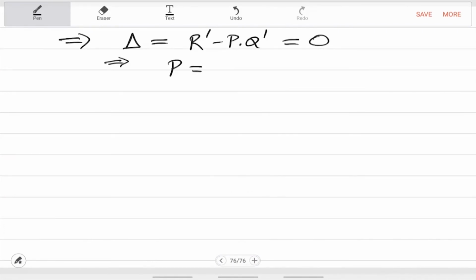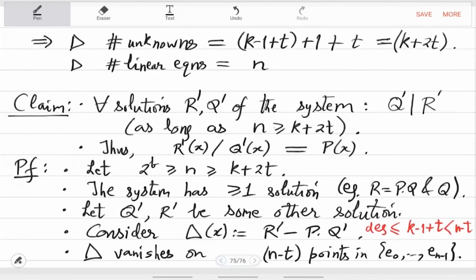So you get that P is equal to R prime(x) divided by Q prime(x). Okay, so Q prime divides R prime, for arbitrary solutions of the system. Moreover, the quotient is P. That's the message. So this is what Bob will do. Any questions? How much of t can be tolerated? So t has to be less than or equal to n minus k by 2.